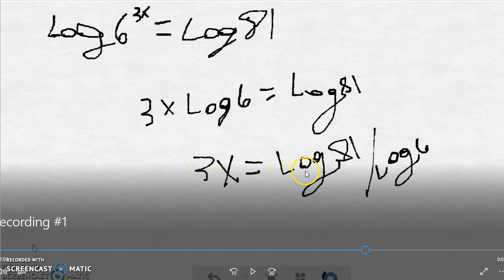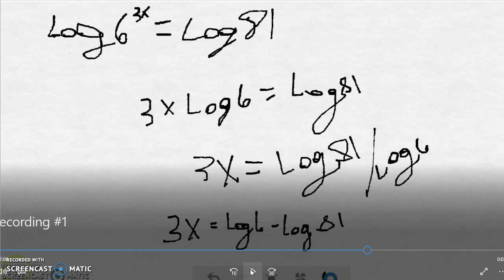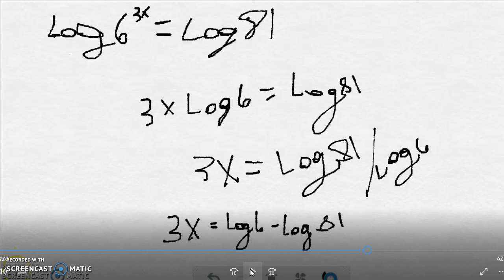Now, as we know, anything divided is going to correlate to the rule in which something is minused. Just to word that better, look at the rules. The logs that are divided are minused by each other.